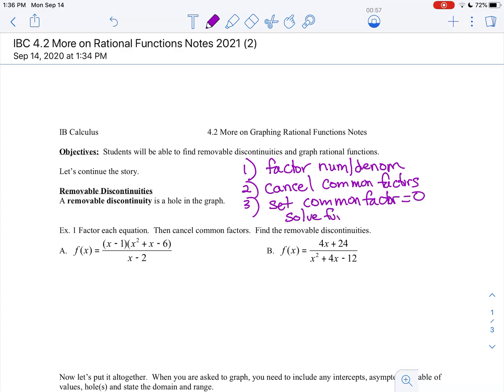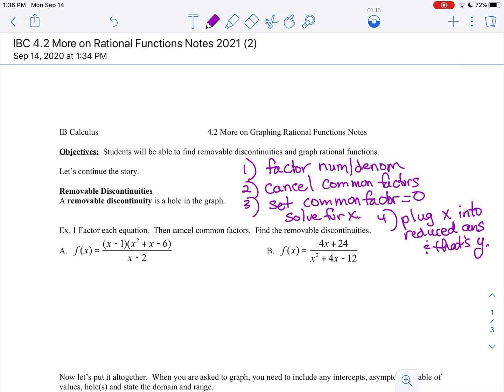And when you solve for x, that's the x coordinate of the hole. Then plug x into the reduced answer, and that's y, the actual y value.